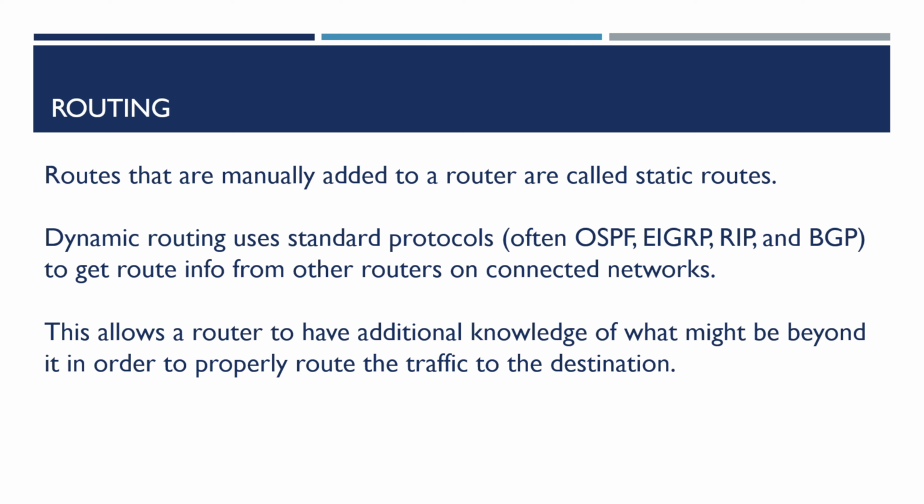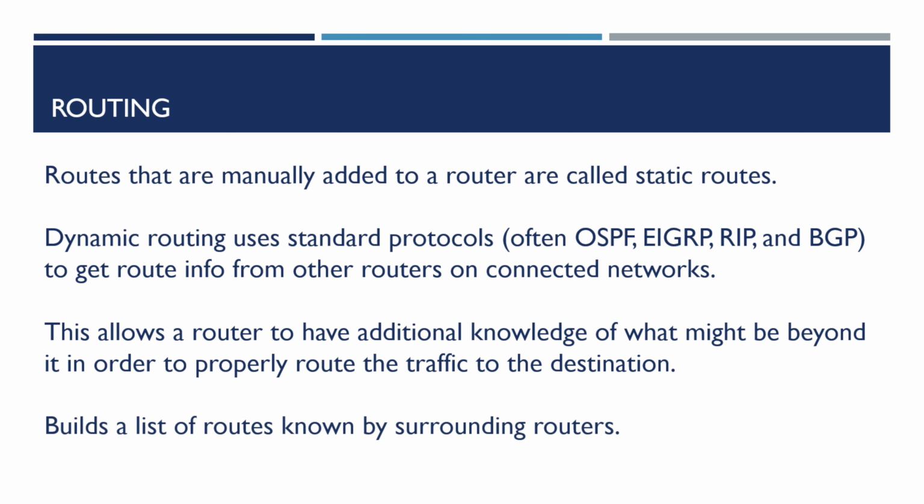Essentially, a router would go up and grab route tables from routers that are above it, which would grab route tables from routers that are above them. They would eventually trickle back down, and it would build a massive list of routes known by surrounding routers. Now you know that router A has access to this network or has a route to that network.